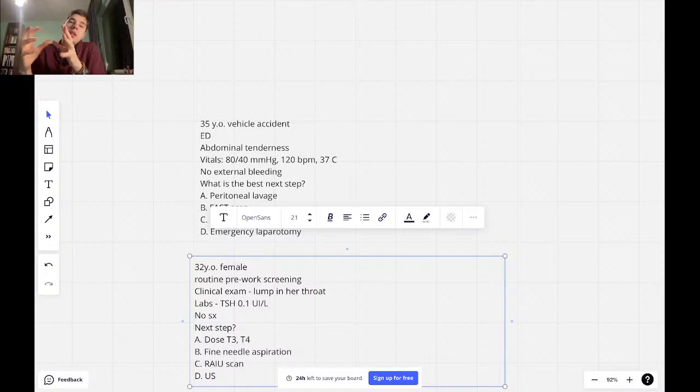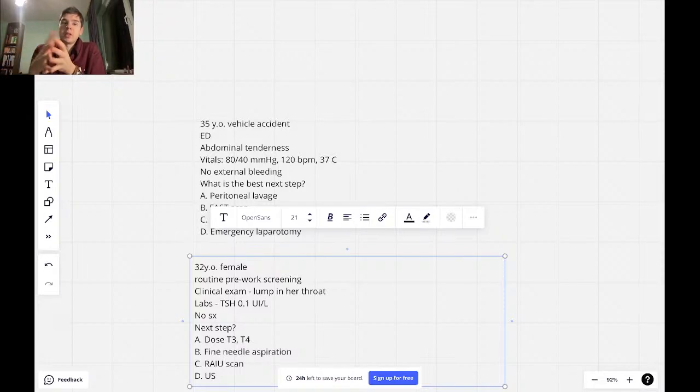After we have these clinical findings, we go for the TSH. We dose the TSH. Sometimes, if there are symptoms of hyperthyroidism, or if we suspect Graves' disease, we will also take note of the T3 and T4 on the labs.